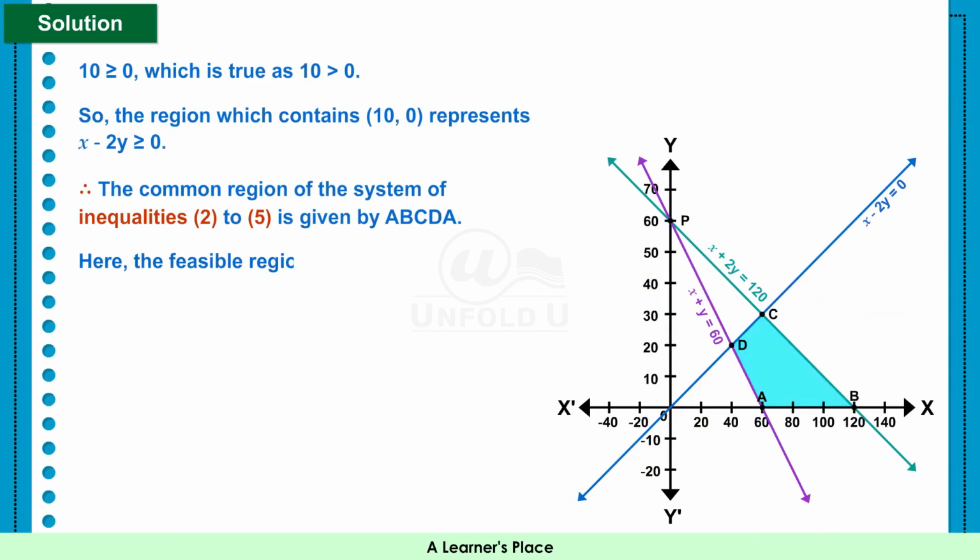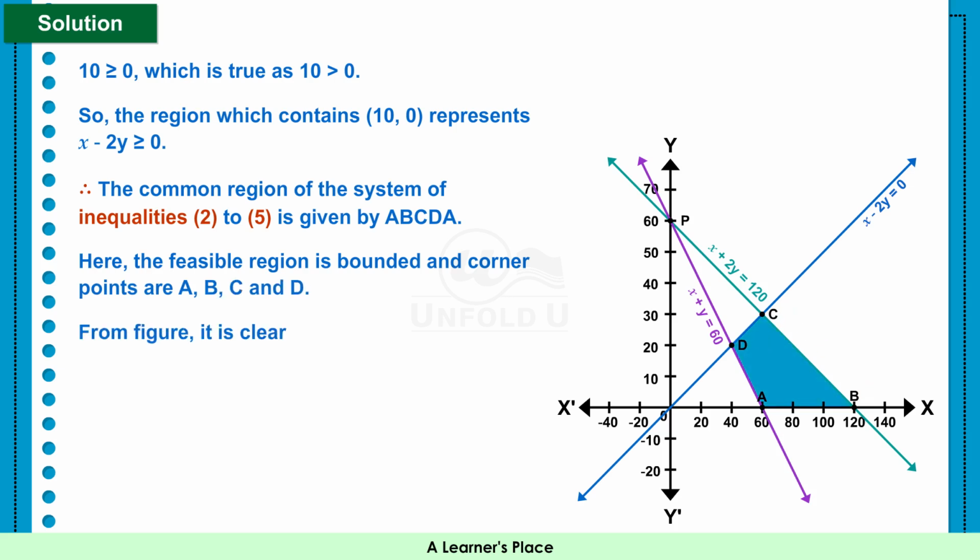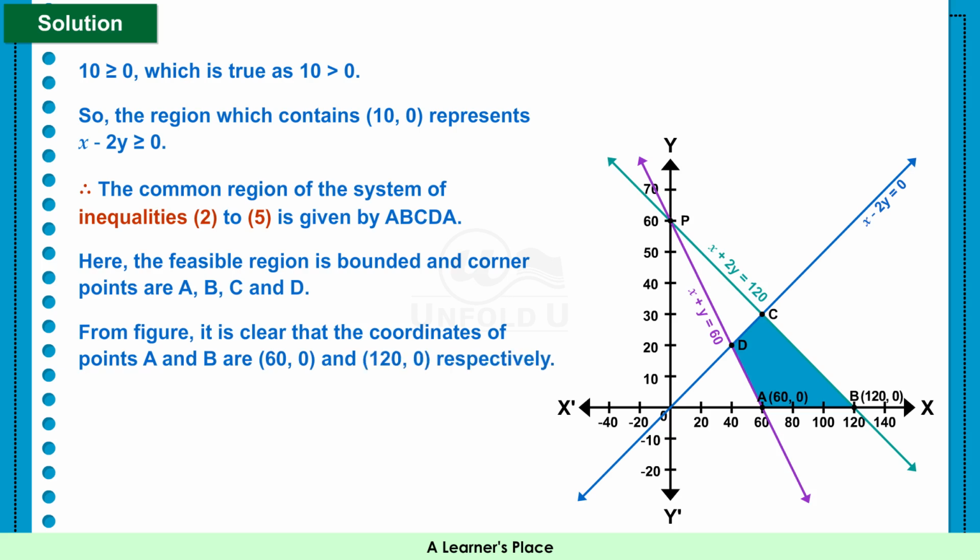Here, the feasible region is bounded and corner points are A, B, C and D. From the figure, it is clear that the coordinates of points A and B are (60, 0) and (120, 0) respectively. C is the point of intersection of lines x plus 2y is equal to 120 and x minus 2y is equal to 0.